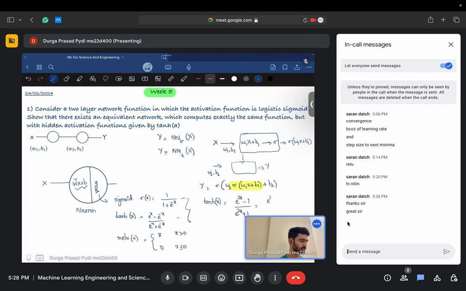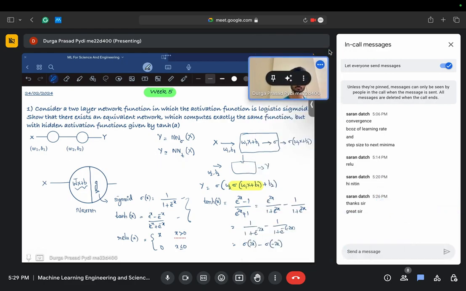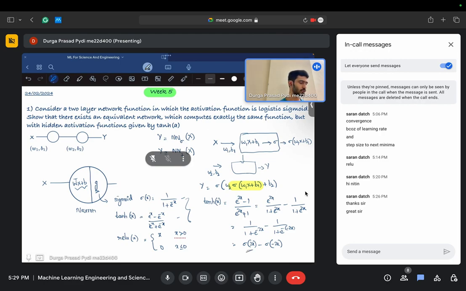So I can write this as, this becomes, so the point here that I want to emphasize is tanh is essentially again a linear combination of your sigmoid functions. Tanh is again a linear combination of your sigmoid functions.